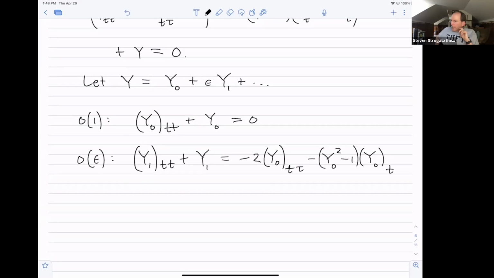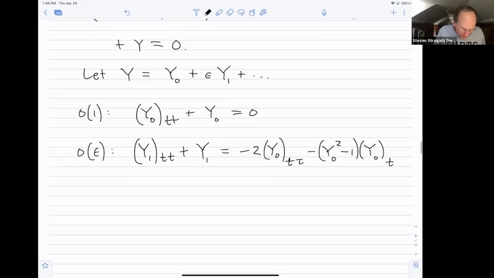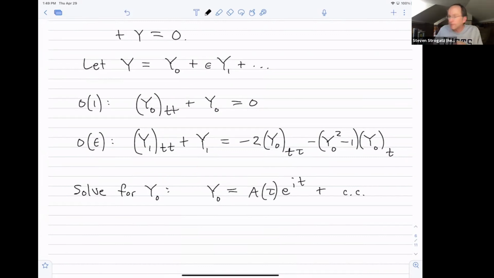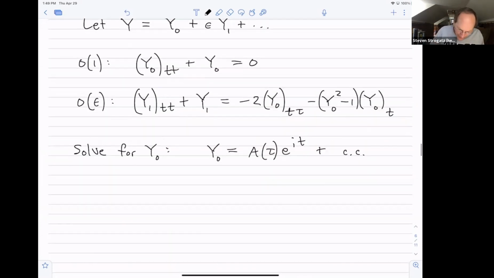Okay, so there. Now, if we solve the order 1 equation, we'll get y0, and that's just going to give us the same thing we had last time when we did the damped oscillator. Y0 will just be something of the form a of the slow variable tau, e to the it, plus its complex conjugate. So nothing new there.